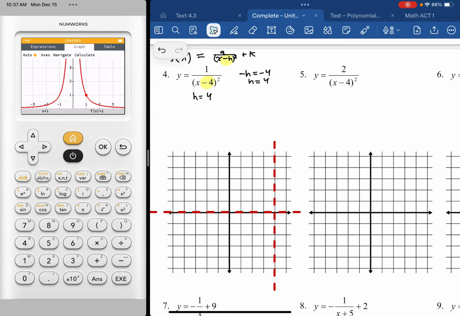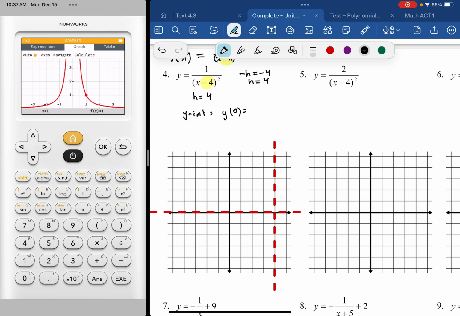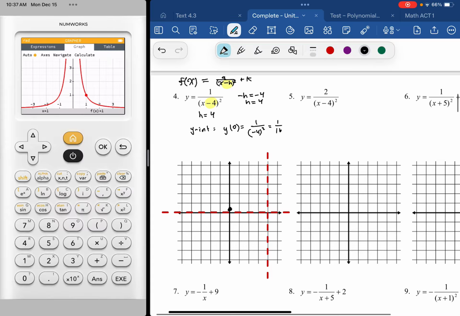My y-intercept, again, is always a good idea to grab. So y of 0 is 1 over 0 minus 4, so -4 squared is 1/16, which puts you really, really close to the x-axis. So I know it's going to go through that.